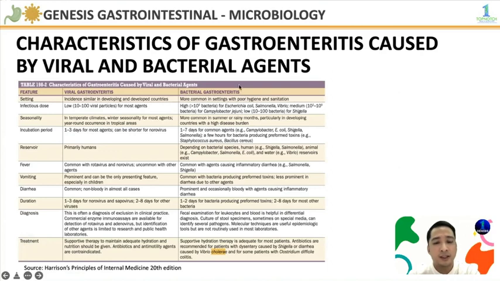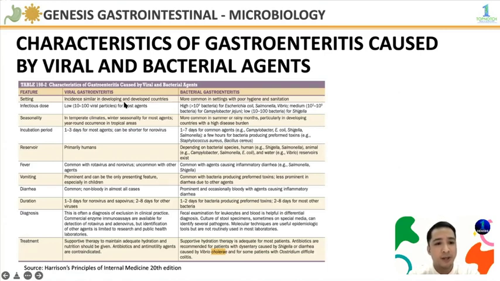And for bacterial gastroenteritis, there is a high infectious dose to cause diarrhea. For example, E. coli, Salmonella, Vibrio, Shigella require a low infectious dose to create diarrhea.